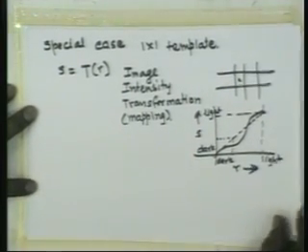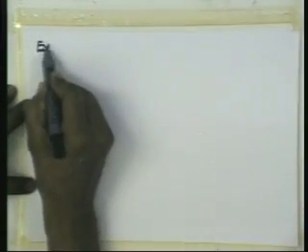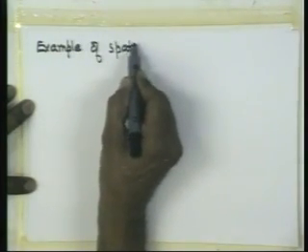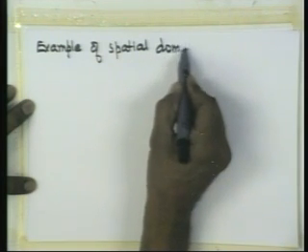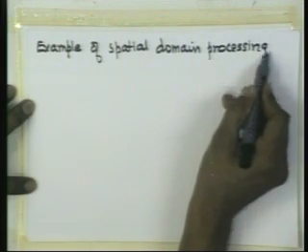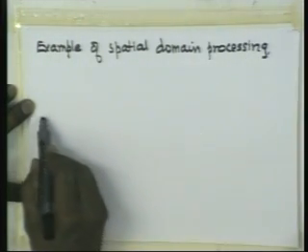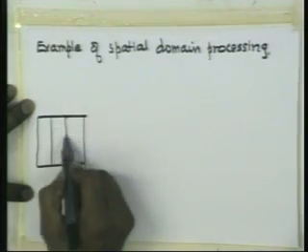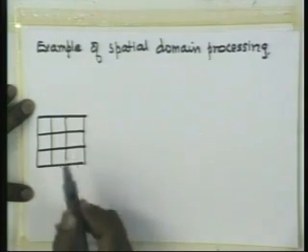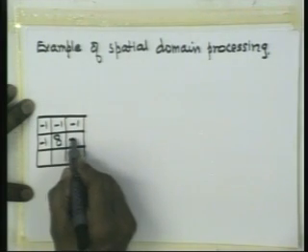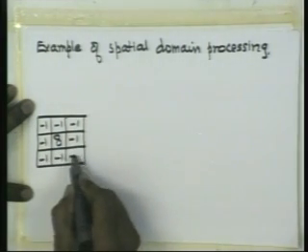Now let us apply one of these masks as example. So this is example of spatial domain processing. Okay, let me take a mask, define a mask first or template. Okay, let's say I have put -1, -1, -1, -1, 8, -1, -1, -1, -1.